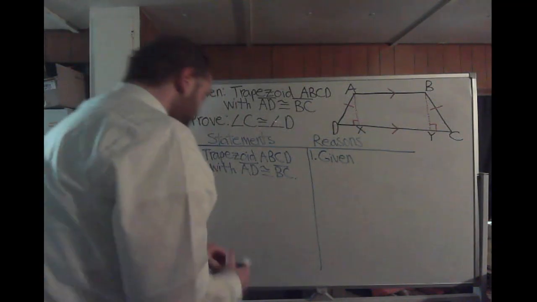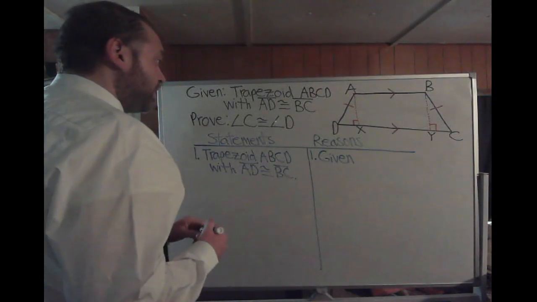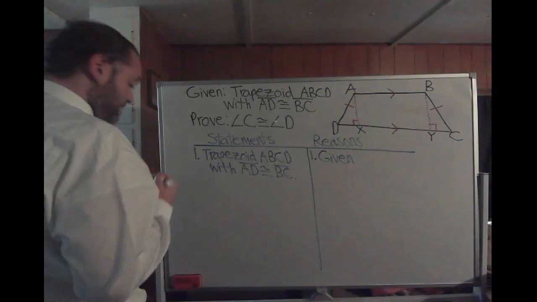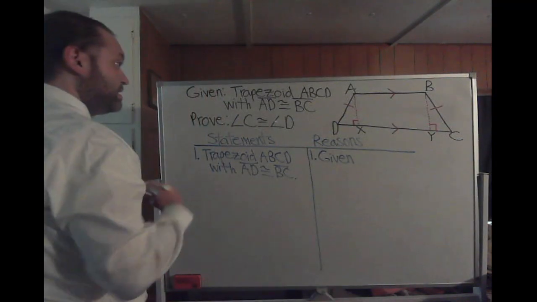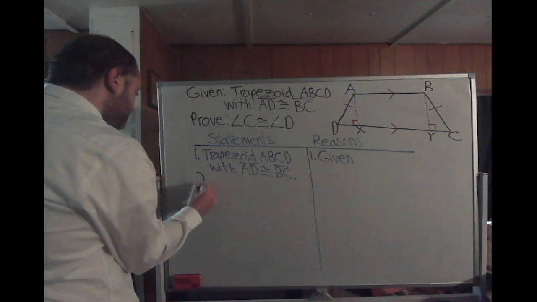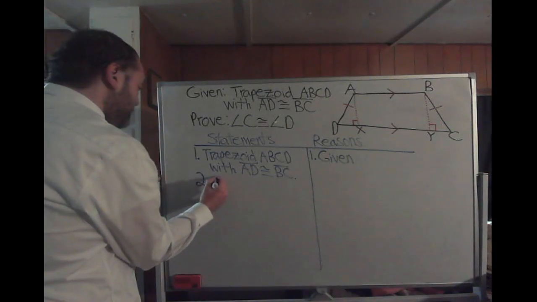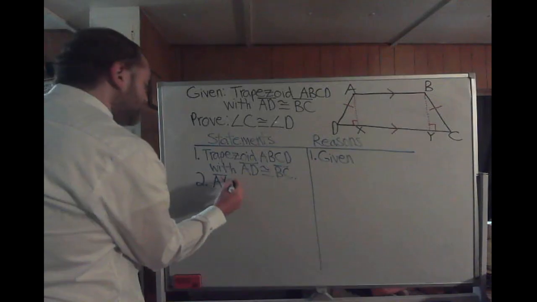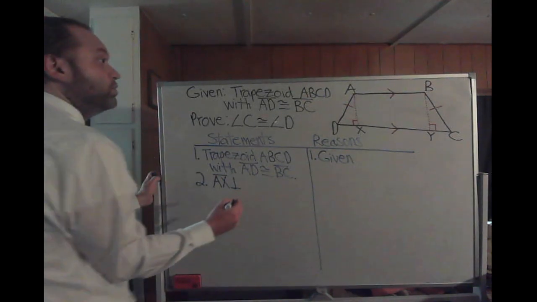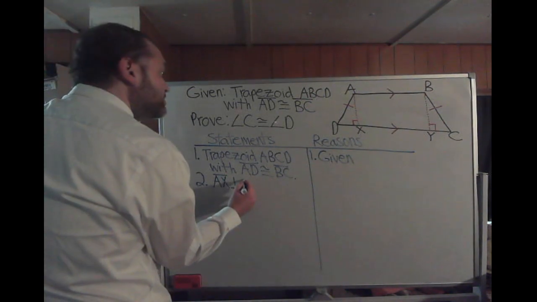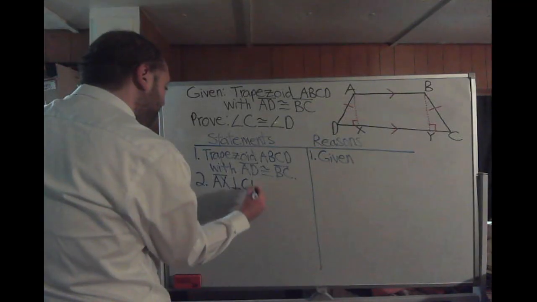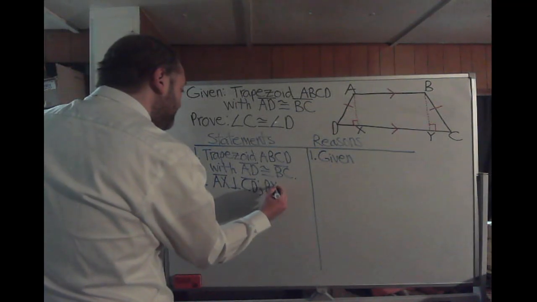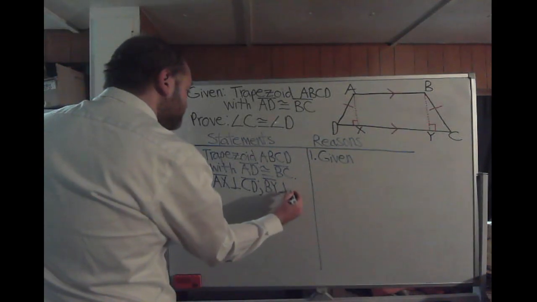First thing you want to do now for step 2, I would say that AX is perpendicular to CD, as well as the fact that BY is perpendicular to CD.